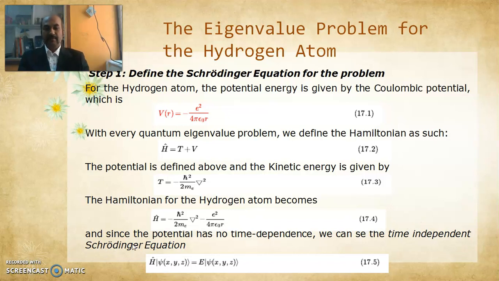Since the potential has no time dependency, it is time independent, we can write the time independent Schrodinger equation as H cap of psi of x y z is equal to E of psi of x y z, and this was mentioned in equation 5.